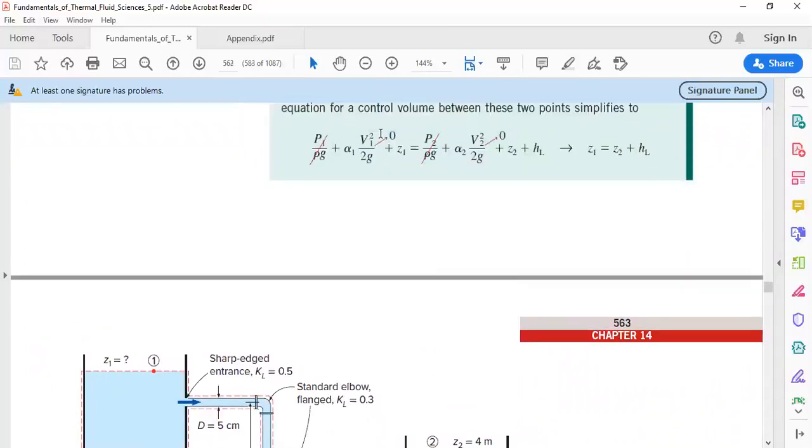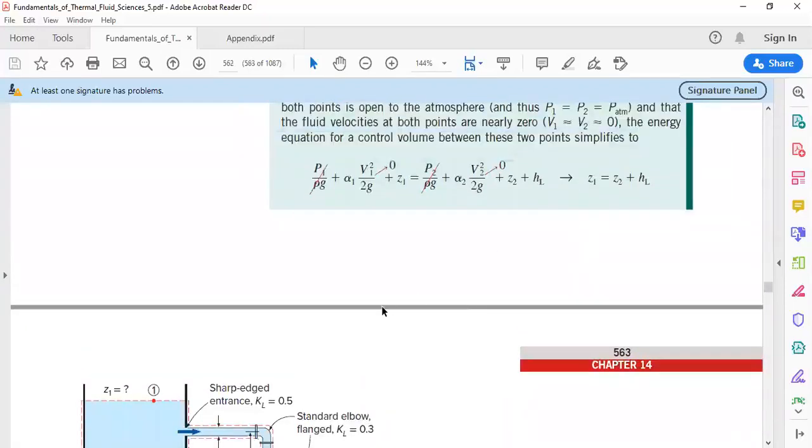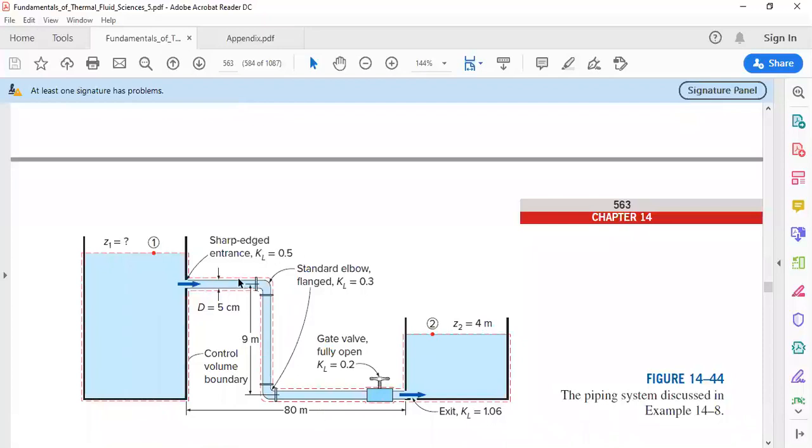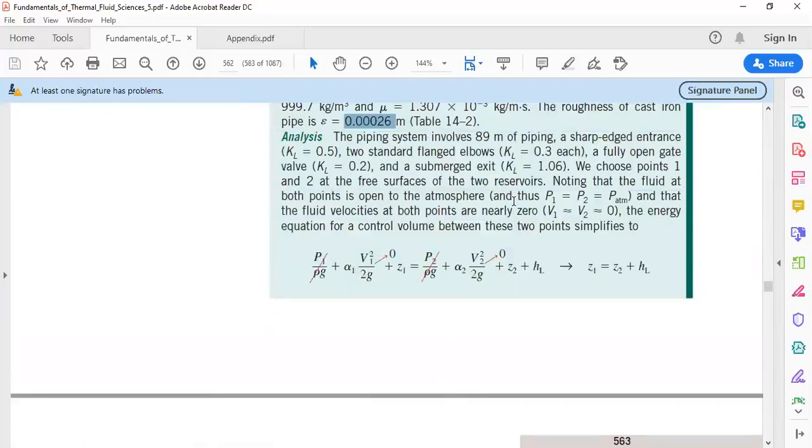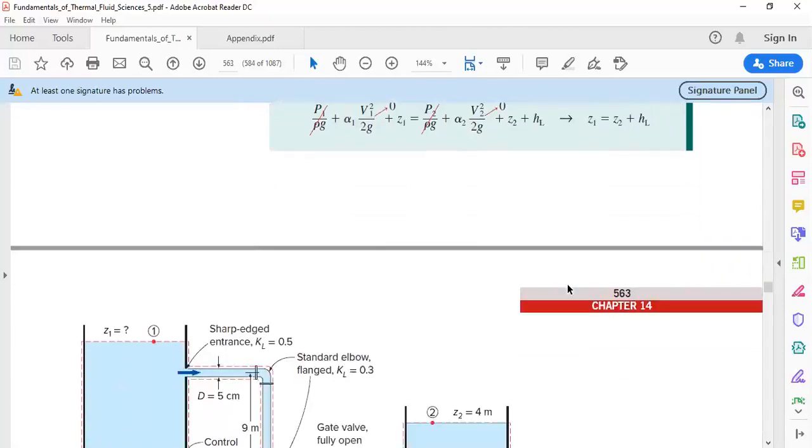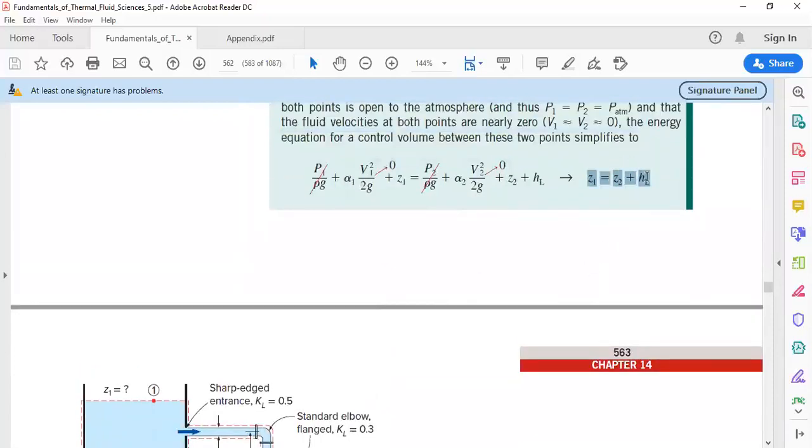There is no pump or turbine between points 1 and 2, so HP and HT are zero. The equation reduces to Z1 equals Z2 plus HL.